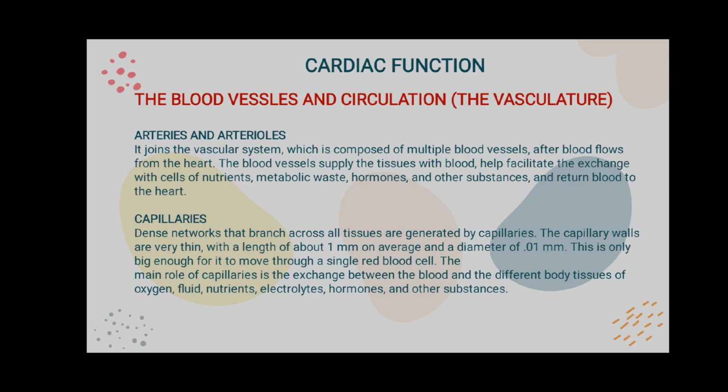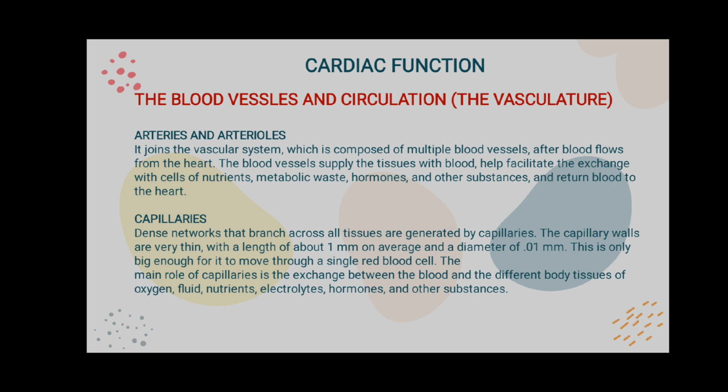Capillaries are dense networks that branch across all tissues. The capillary walls are very thin, with a length of about 1 mm on average and a diameter of 0.01 mm, which is only big enough for a single red blood cell to move through.